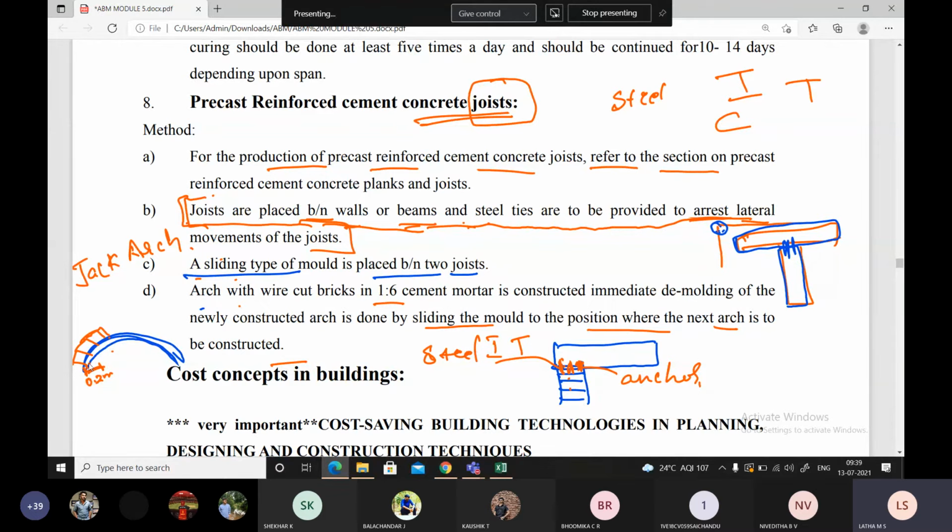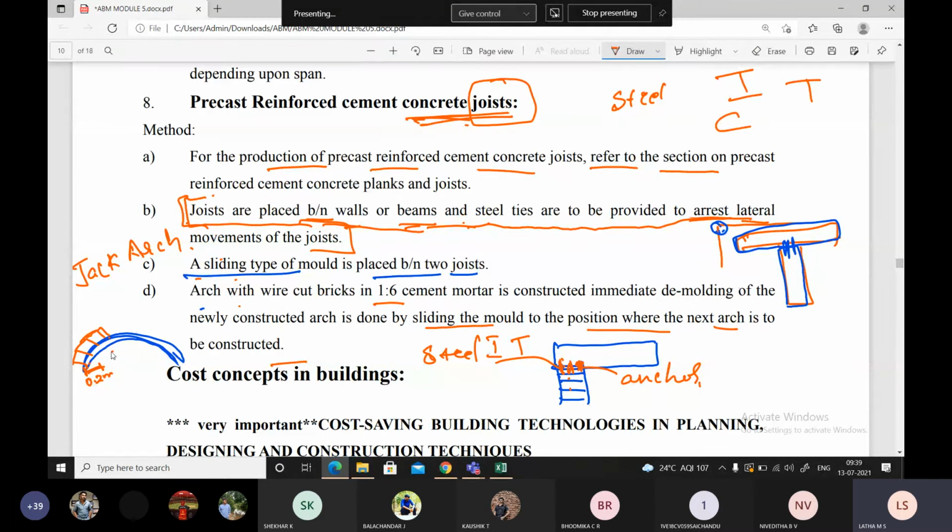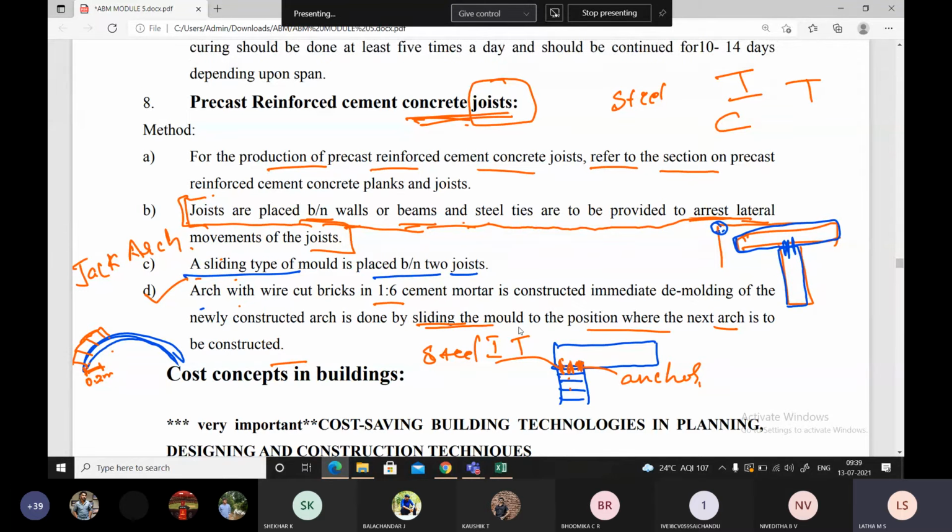But I have to give a connection between the former arch construction and the latter construction by the joist. So the joist can play a key role in providing the connections between the two elements, right? That is what is being told here. While constructing an arch, as the mold slides to the next position, you have to connect by joist.